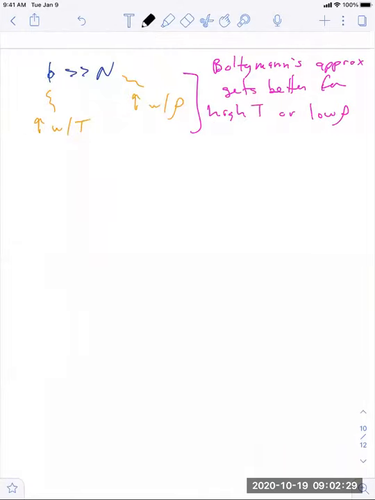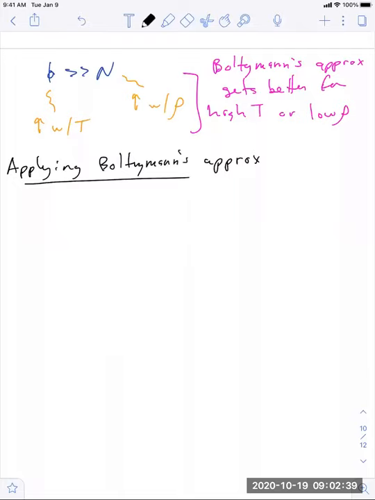All right, so let's apply Boltzmann's approximation to some system. Okay, so if we have n particles, each has some set of allowed energies, so possible energy levels.